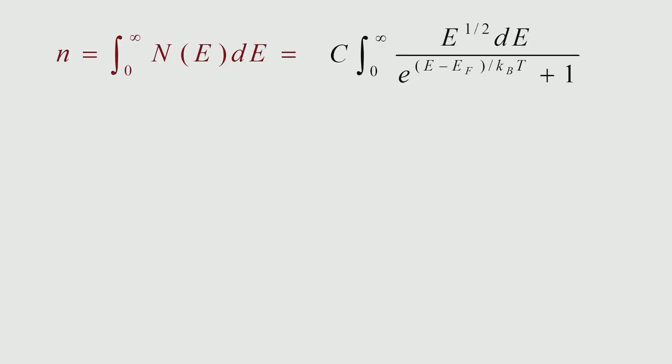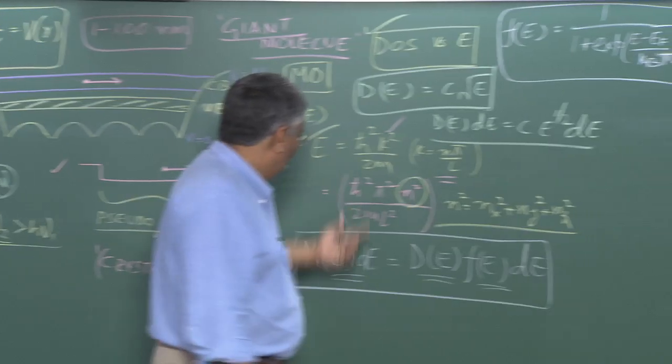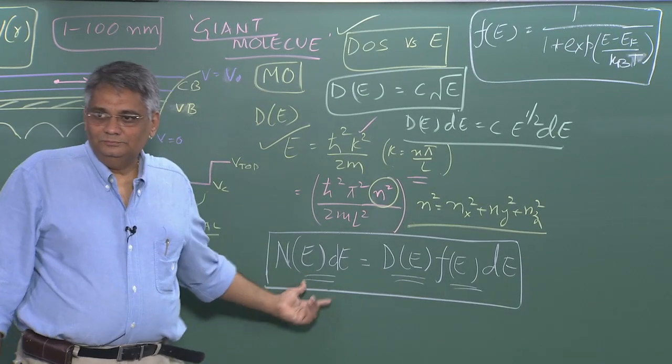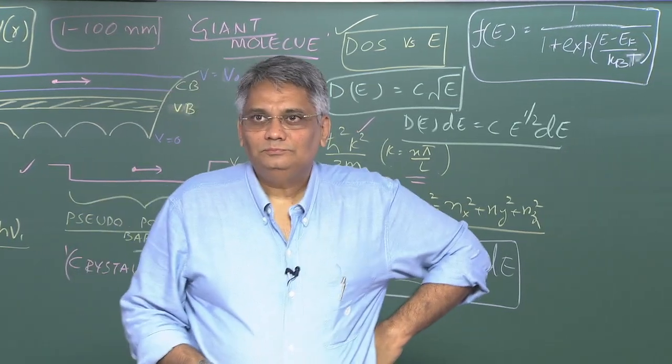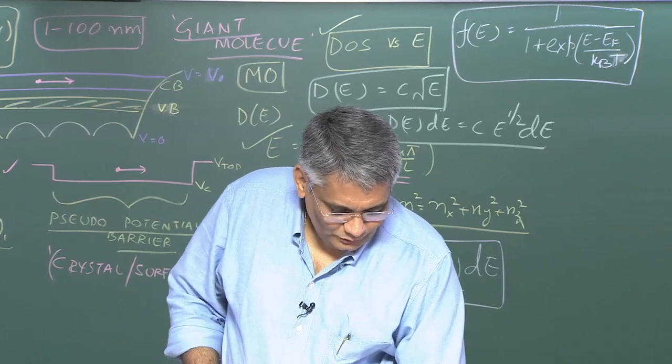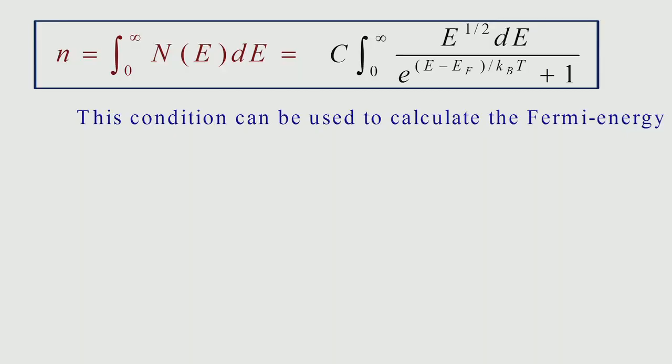So, what you do is your n is the integral from 0 to infinity of N(E) dE, and you have the expression for N(E) dE already. In fact, this condition can be used to calculate the Fermi energy.